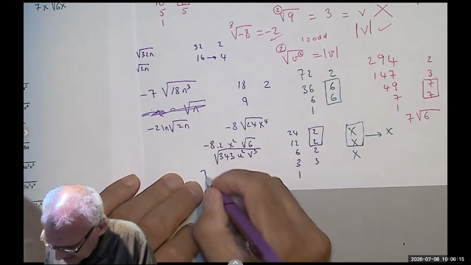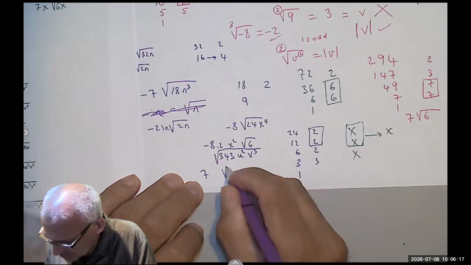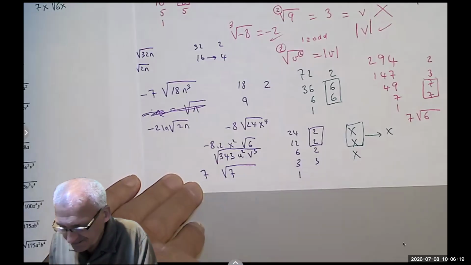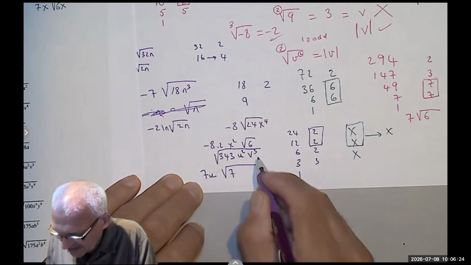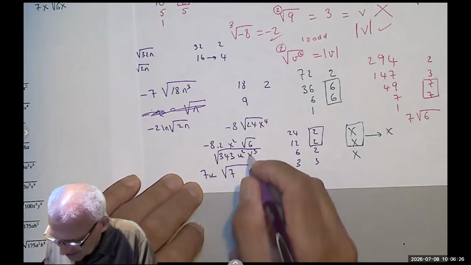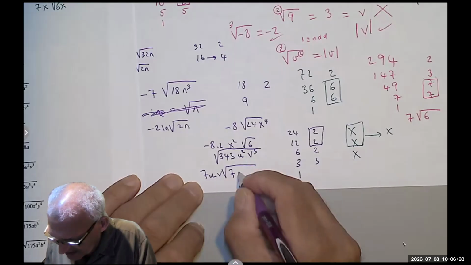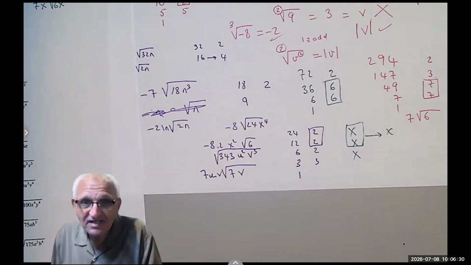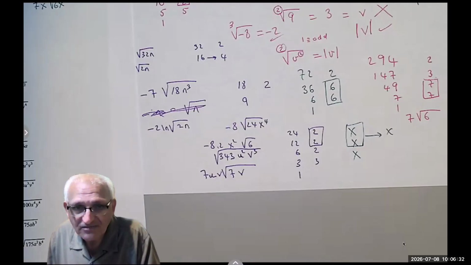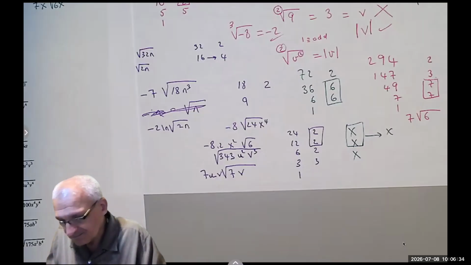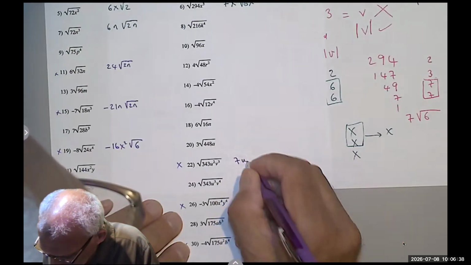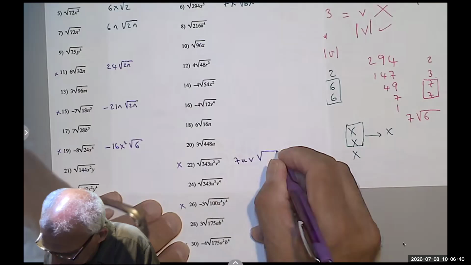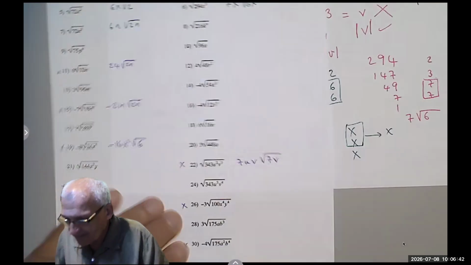So it's 7 square root of 7. The u squared comes out as u. The v squared of it comes out as v, and the other v stays inside. So 7uv square root of 7v.